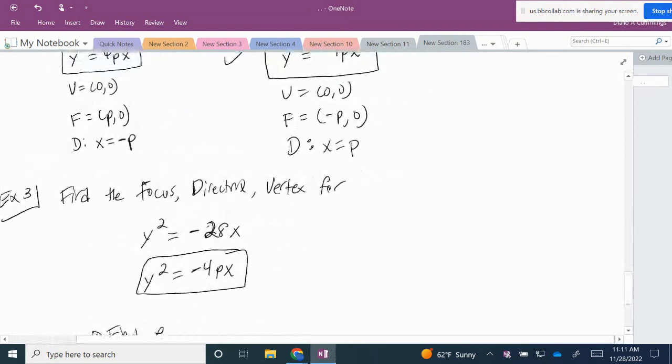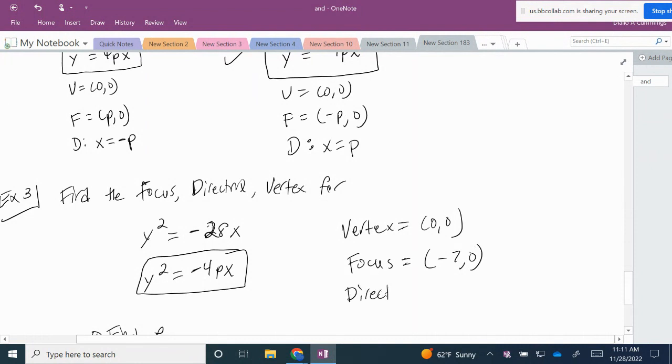All right. So we have that the vertex is 0, 0. The focus is negative p comma 0. So we know that p is 7. So the focus is negative 7 comma 0.